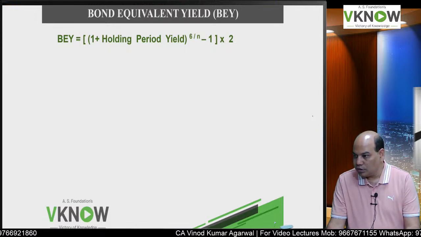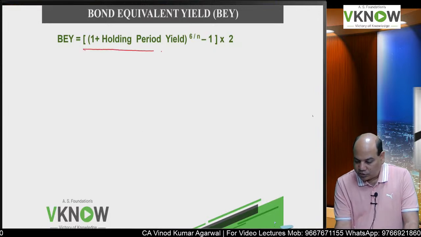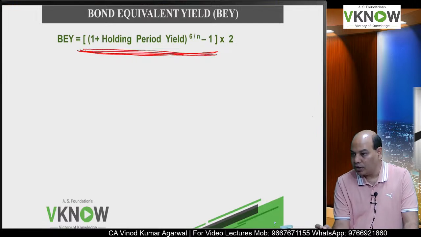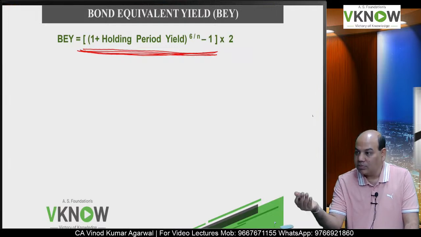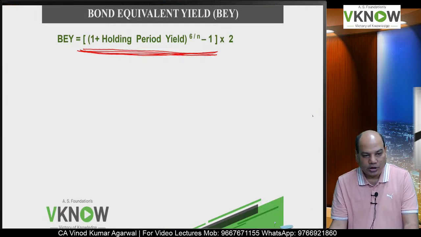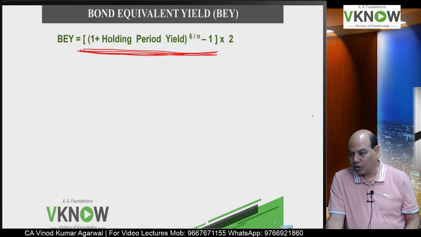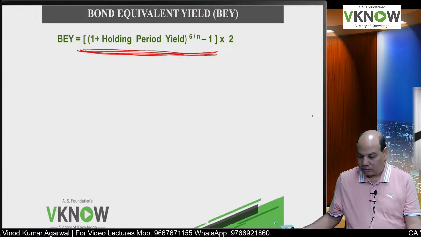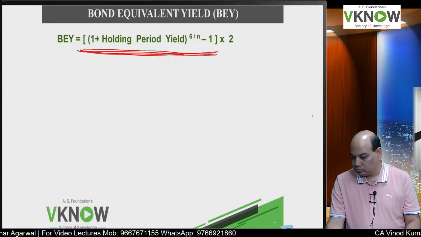Bond equivalent yield. In bond equivalent yield, we will first compute the effective yield for 6 months instead of 1 year. Same thing, but we'll do it for 6 months and then multiply by 2. Write down 1 plus holding period yield to the power 6 by n minus 1, bracket close into 2.